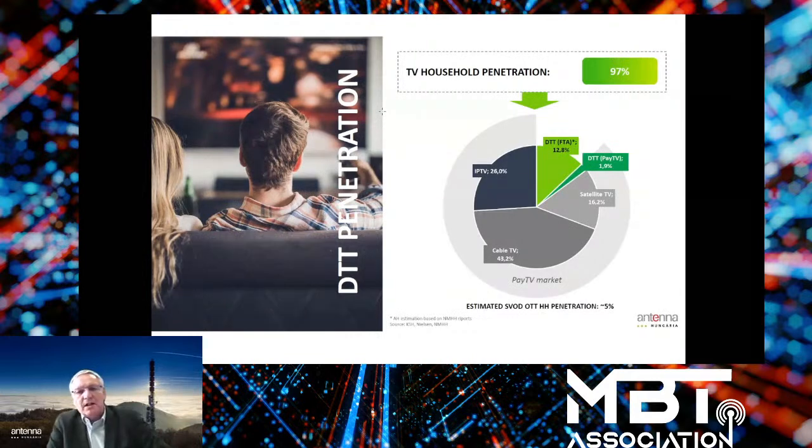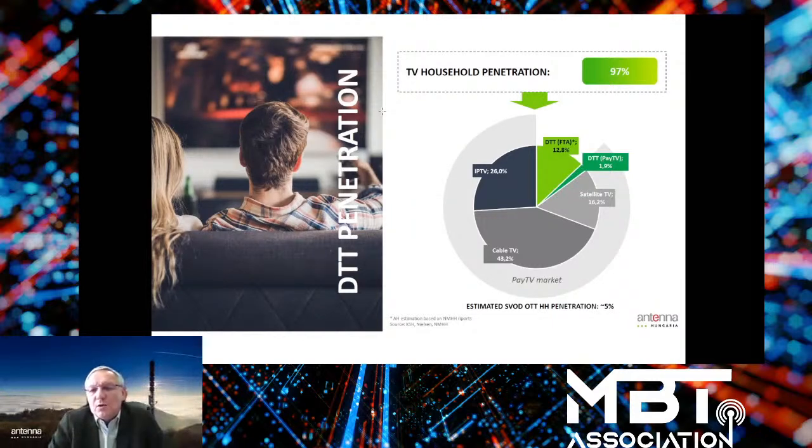So a few words about the Hungarian DTT situation. You can see here the Hungarian pay TV market, and as you can see, Hungary has a very good penetration of cable TV. IPTV is growing year by year. There is a good digital cable penetration. There are also digital satellite TV services in Hungary, but it is decreasing year by year.